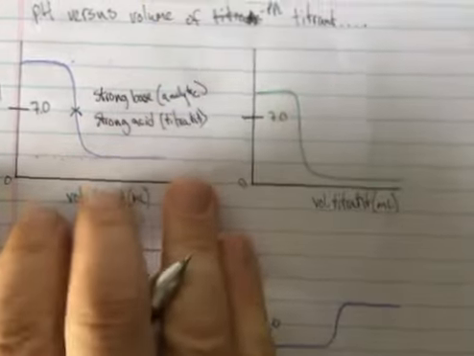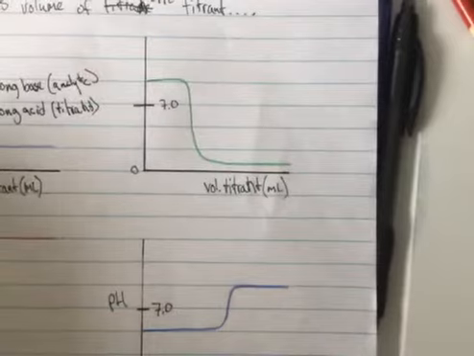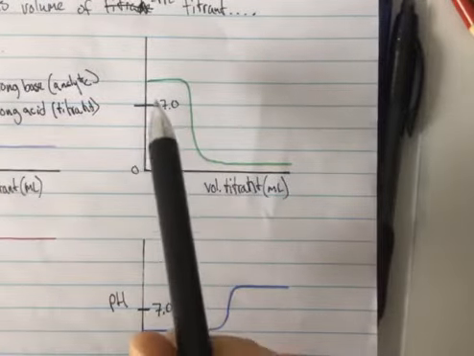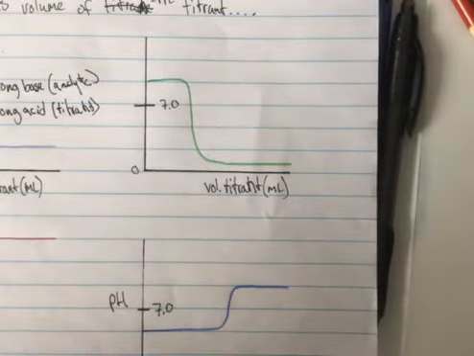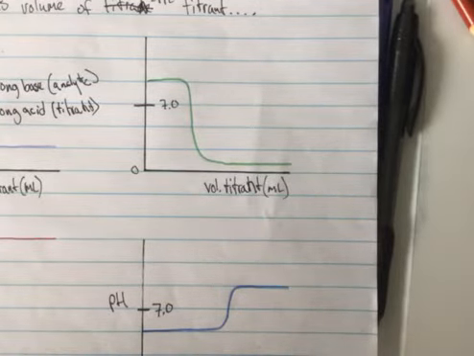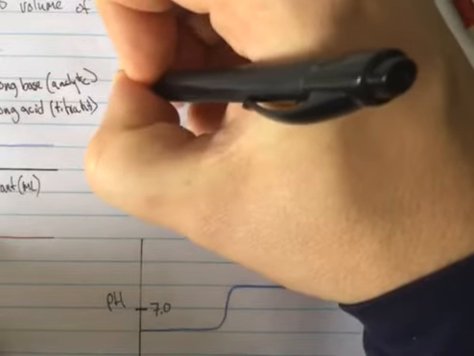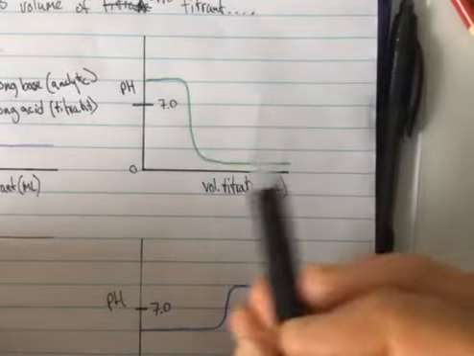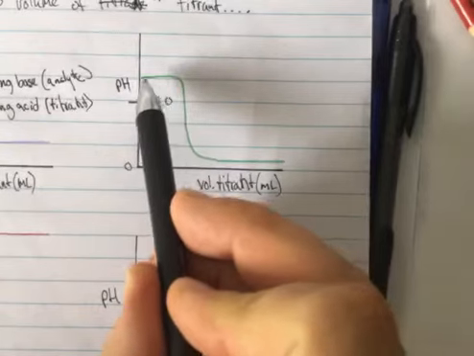All right. Now let's look at the next example here. So we're starting out slightly basic, just above 7.0, and dropping down to a really low pH. So again, this is going to be pH here. Okay. So we're starting out with a weakly basic solution.